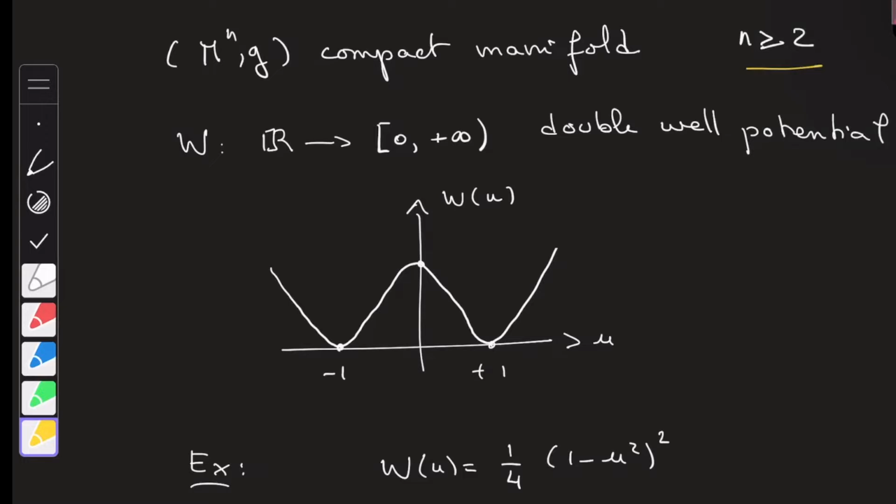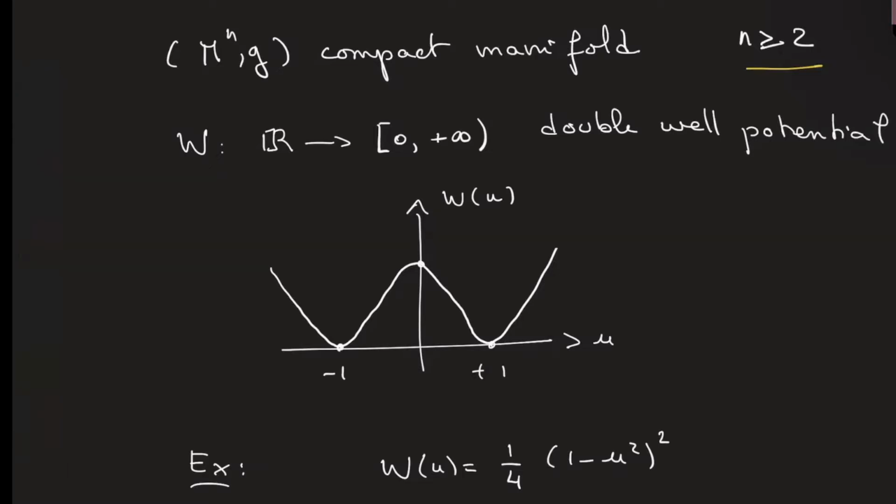This is a function which I will call W. It takes values in zero to plus infinity, and basically it has two minima, which are usually taken to be -1 and 1. The prototype is just (1 minus u squared) everything squared. It does the job. It's symmetric, it has all nice properties. You can take other double well potentials, but this one will do everything we want.